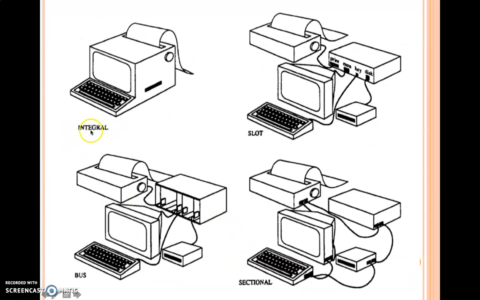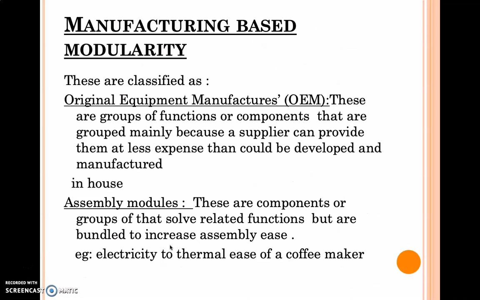Similarly, this is an integral part in which all the components are joined in one part. In the slot, there are different kinds of equipment attached with other slots. This is your bus, meaning you are combining all parts in one chamber. And this is your sectional. This is a perfect example with the help of which you can see the meaning of integral, slot, bus and sectional modularities.